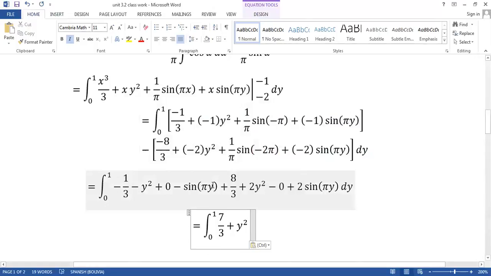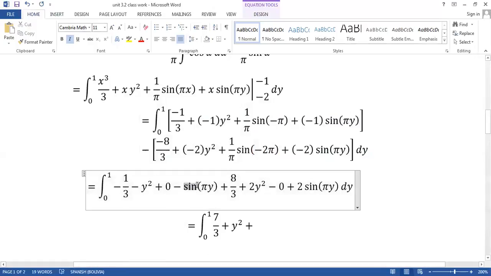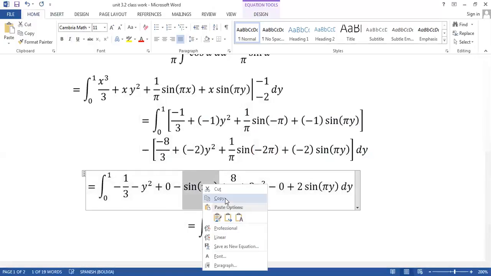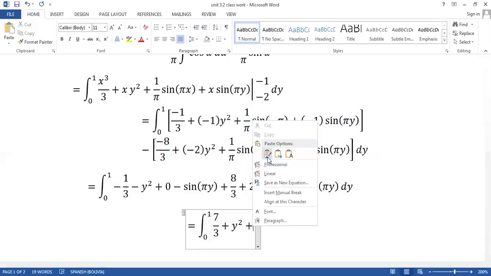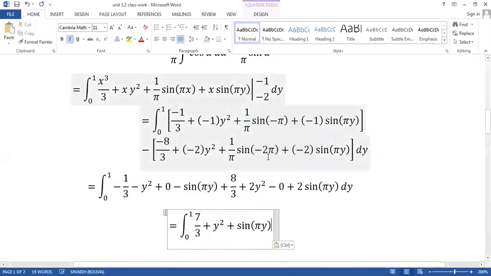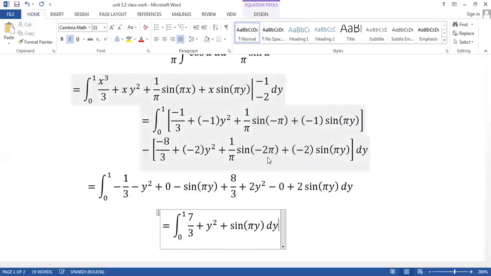That is a minus, so that becomes just sine. This plus is 2 of them and this is just 1 of them, so it becomes plus sine pi y dy. Right, and we just integrate that, and we're done.